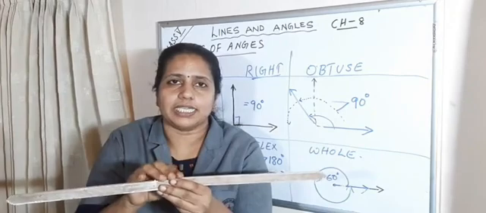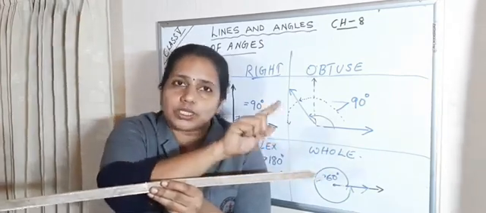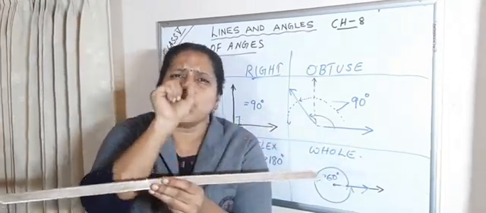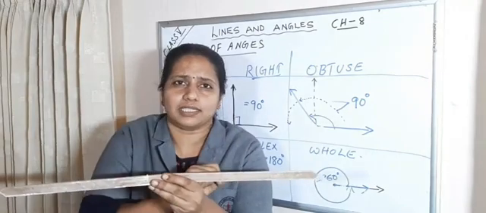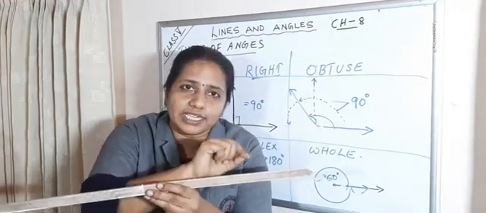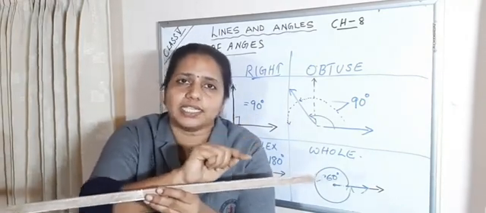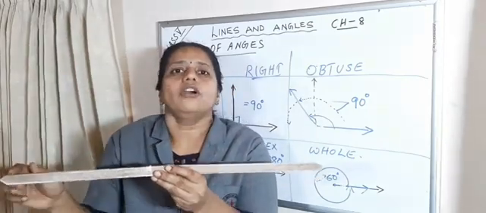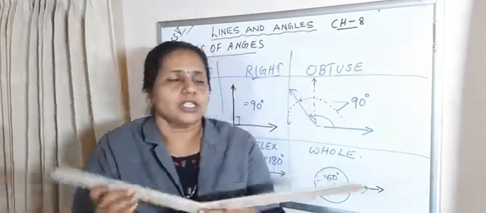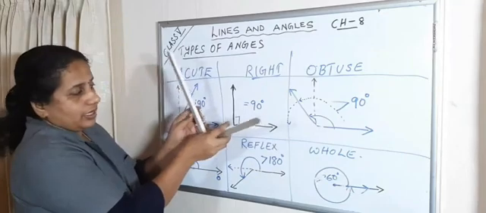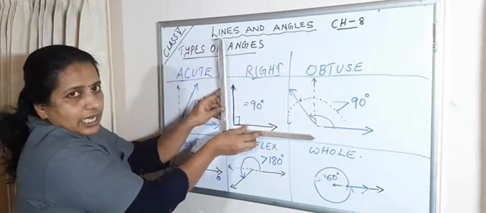Between 0 and 10, there are 10 small lines. That means 1 degree, 2 degree, 3 degree, etc., up to 180 degree. So this is our right angle.